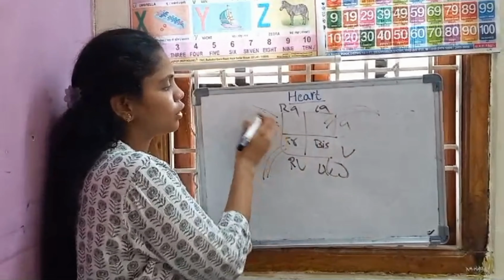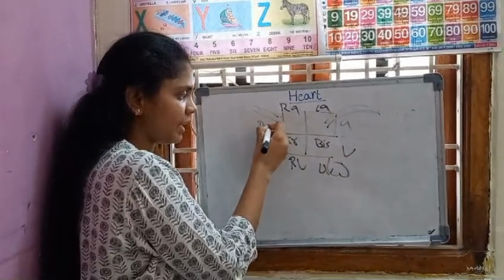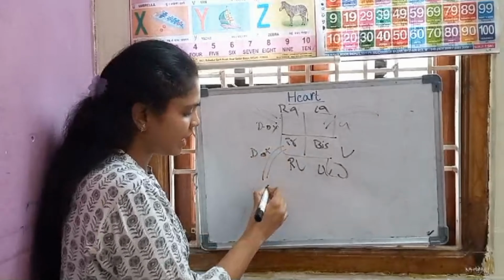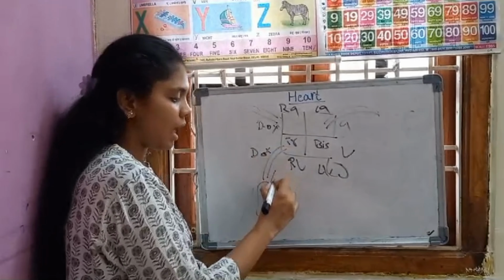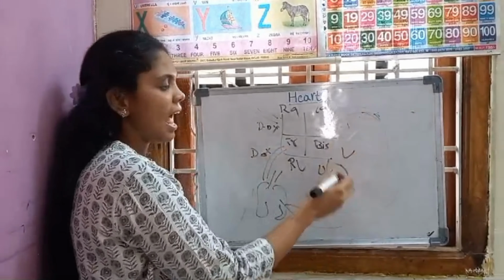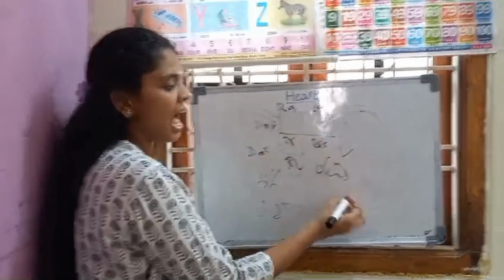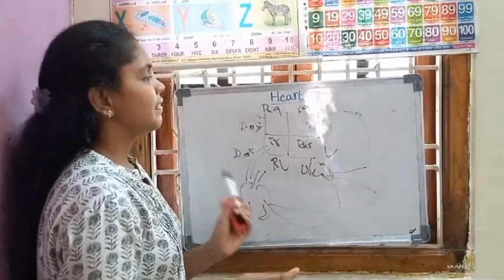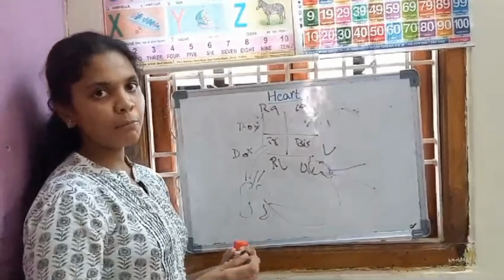Here you are going to get deoxygenated blood. Here also you get deoxygenated blood. Here you can see the lungs, where you get the oxygenated blood, and it travels to the aorta and is supplied to your entire body. That's it. I think you have understood more about this heart.